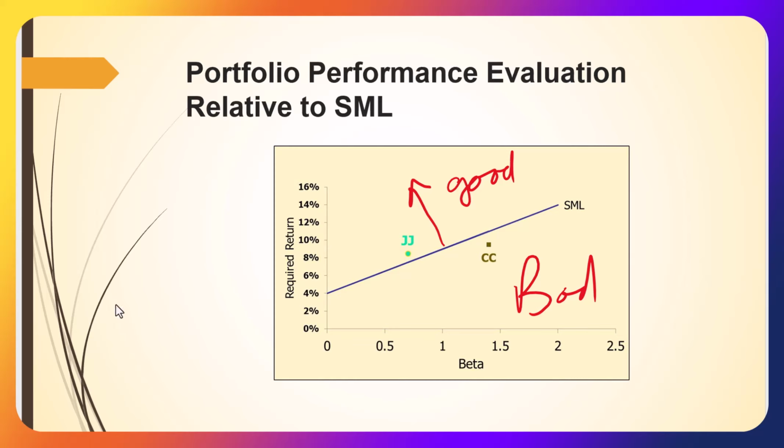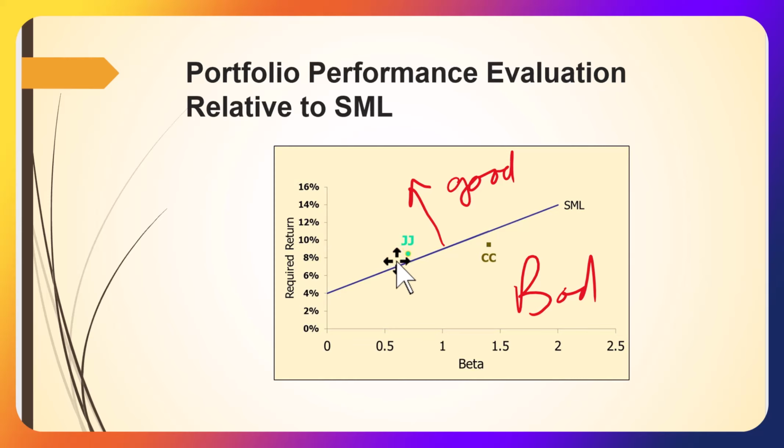So in conclusion, let's think about this security market line and what it means for investors. Let's assume you have invested in asset JJ here. JJ has a return that is above the security market line. The security market line tells you the return that you should get, but if you buy JJ, you're actually going to get a higher return.